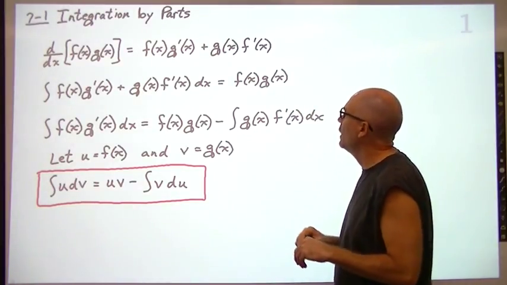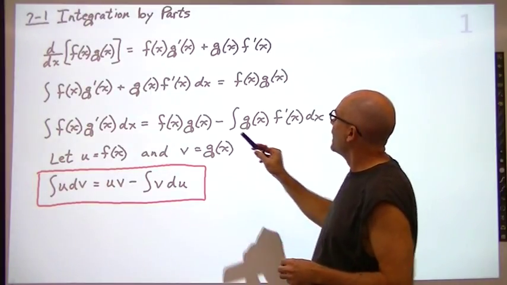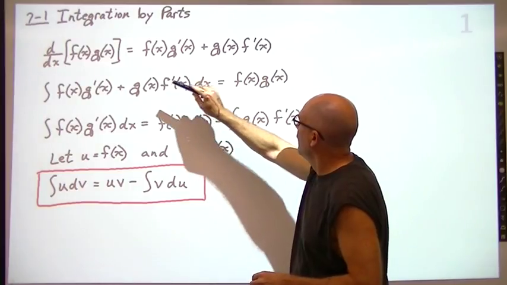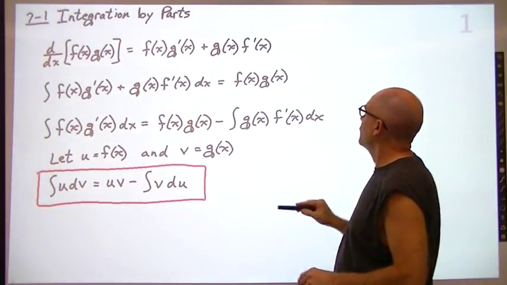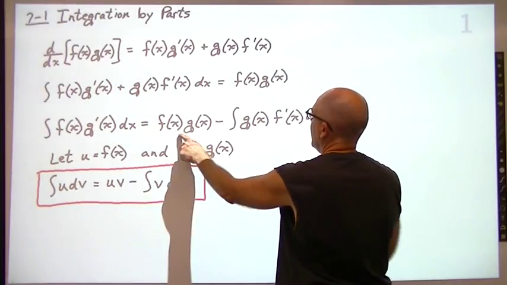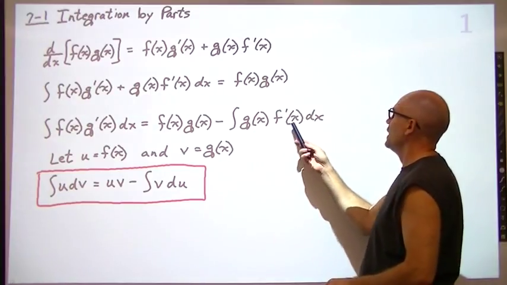Okay, so now what I'm going to do is subtract the g of x, f prime of x over to the other side. So what I have is f of x, g of x minus the integral of g f prime.